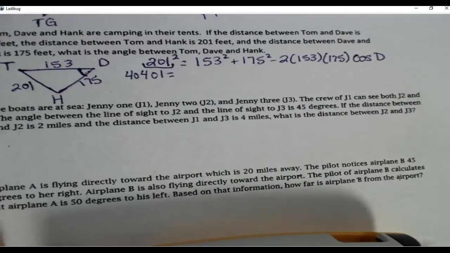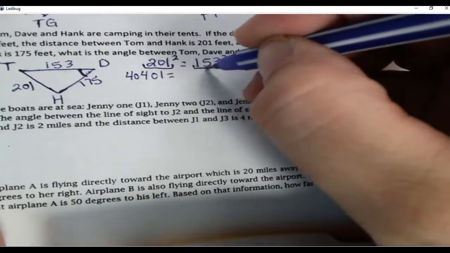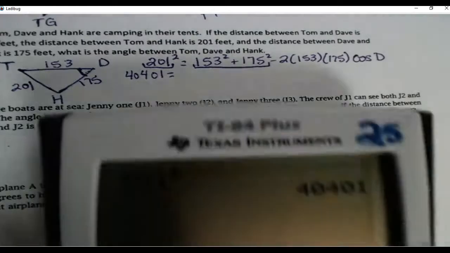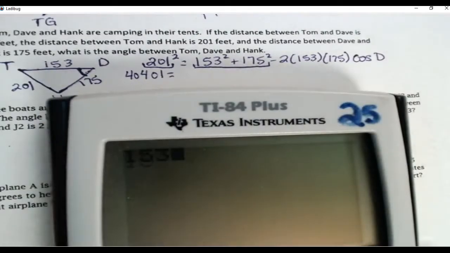Okay. Then the next piece that we can do is adding those squareds. So 153 squared plus 175 squared, which gives me 54,034.